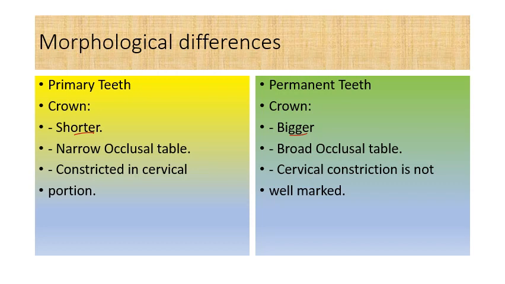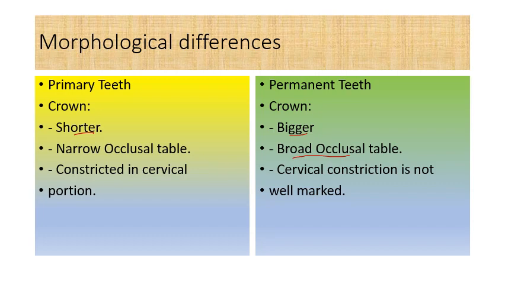They have a broader occlusal table, because as we grow up, our food habits change. First we are on a soft diet, then we go towards a harder diet, and our masticatory forces increase, and the primary teeth shed out, and we have permanent teeth which have a broader occlusal table. They have better chewing morphology than the primary teeth.